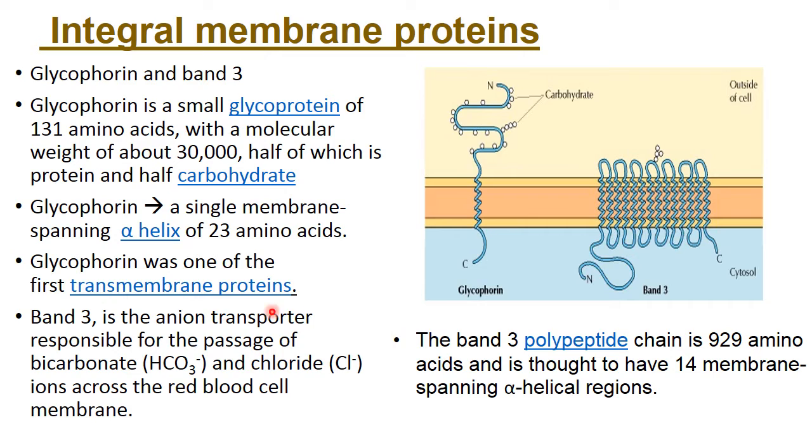Band 3 is very useful as an anion transporter. It is responsible for the passage of bicarbonate ions and chloride ions across the red blood cell membrane.